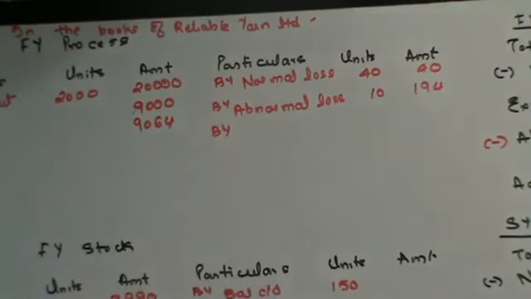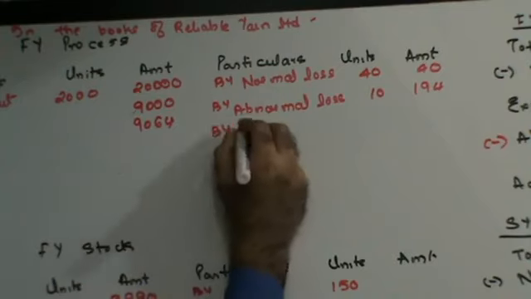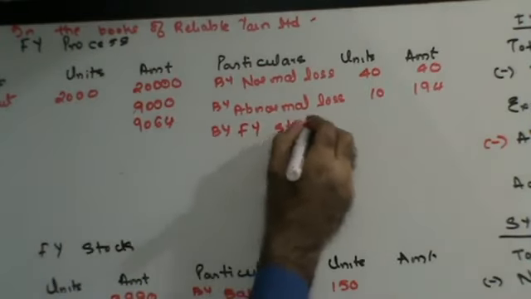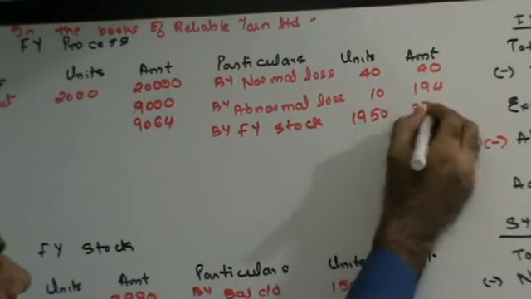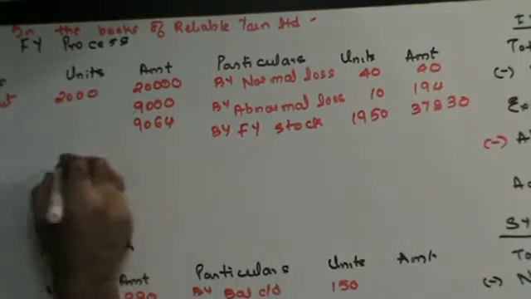Now generally the actual output we used to write it to the next process. Since there is a stock account given, instead of transferring the actual output to the next process, you will be transferring it to the stock account. So this will be by FY stock, 1950 and 37,830. Right?